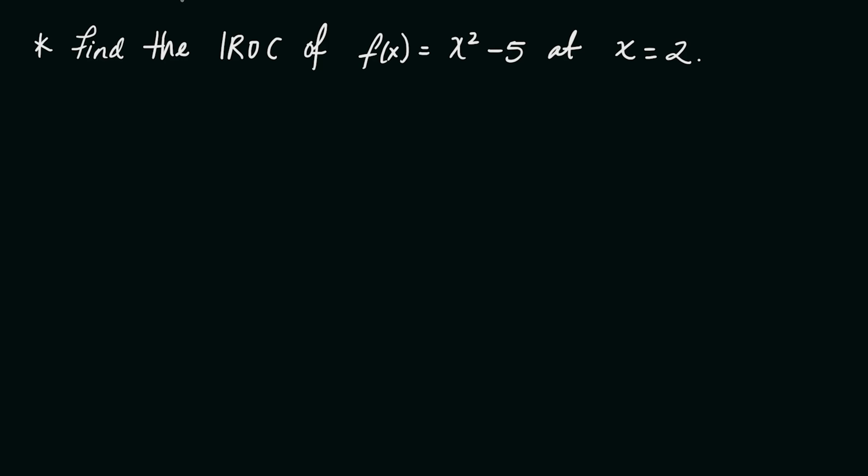So try this as a practice. Find the instantaneous rate of change of f of x equals x squared minus 5 at x equals 2. So now you can pause the video here and try to evaluate it, and we'll get right back to it.